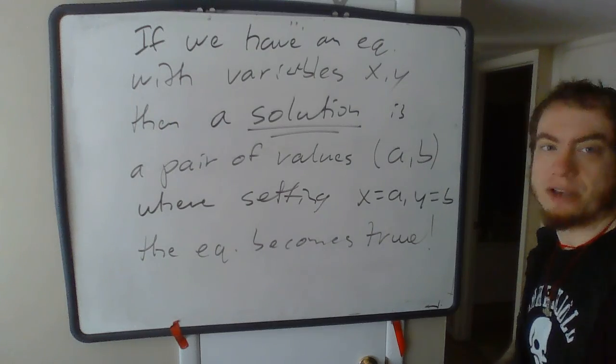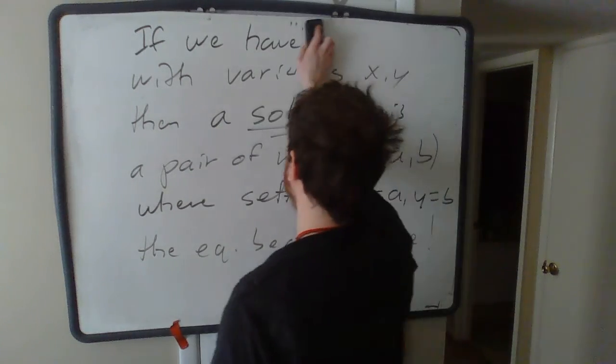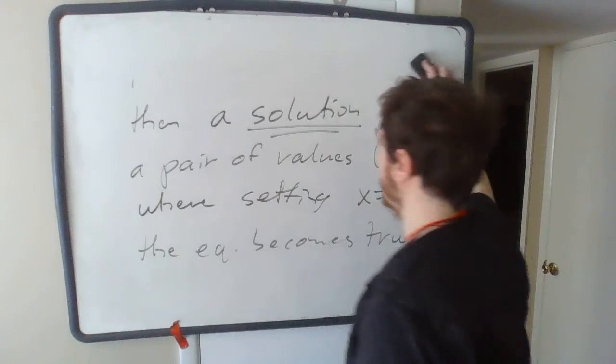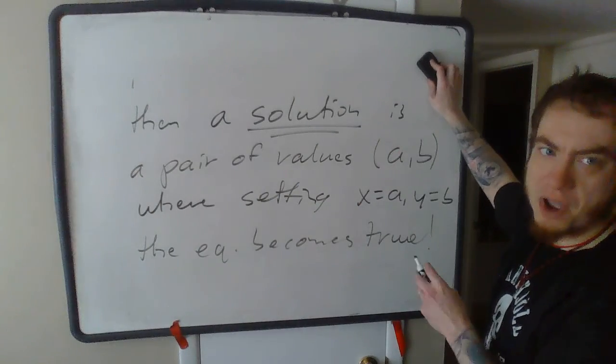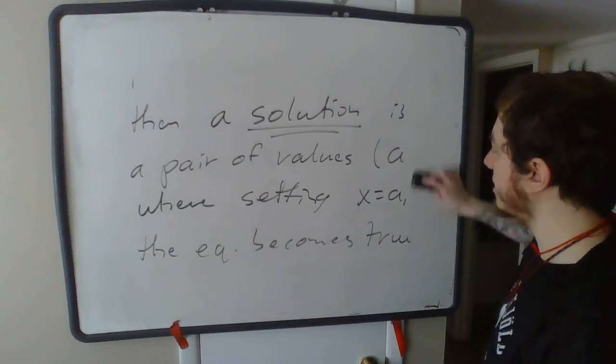So let's take a quick look at an example of this to illustrate. Hopefully you had this written down. If not, feel free to pause this for a minute and write this down.